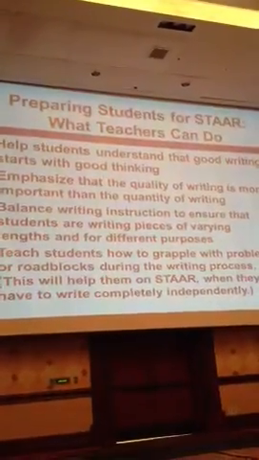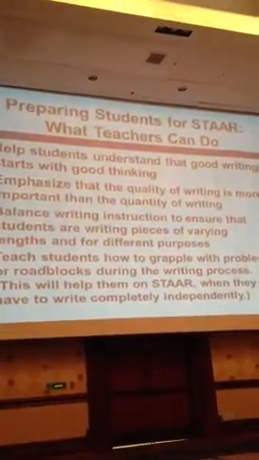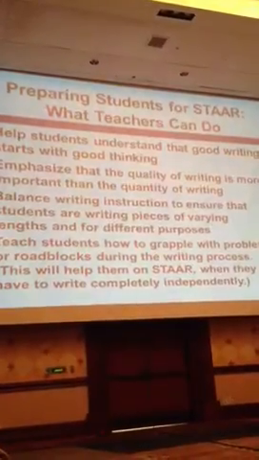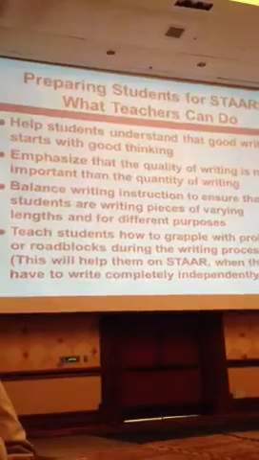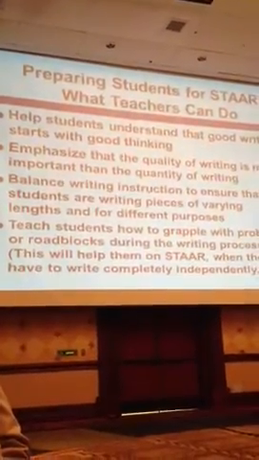And then, this thinking-writing connection. I know this sounds absolutely obvious, but we have to keep pitching the idea that you cannot be a good writer without being a good thinker. You can't. It is not filling in the boxes.